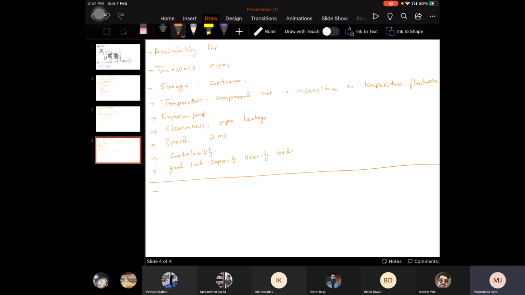So basically, when there is a small leakage, over time that leakage becomes higher and higher, and if it is not fixed, it can create problems as well, because moisture can get mixed with the air from that leakage. The dirt can go inside the system, so this can create many problems in the later days.